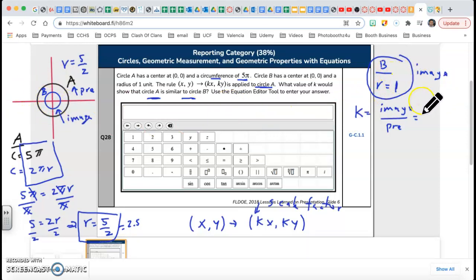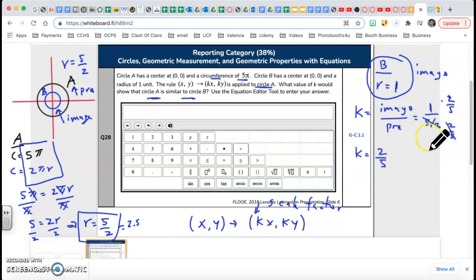So I can compare the radius of my image, which is 1, over the radius of my pre-image, which is 5/2 or 2.5. I keep it a fraction. So when I divide 1 over a fraction, what I do is multiply by the reciprocal. 1 divided by 5/2 is multiplying by the reciprocal, which is 2/5. And 1 times 2/5 gives me 2/5.